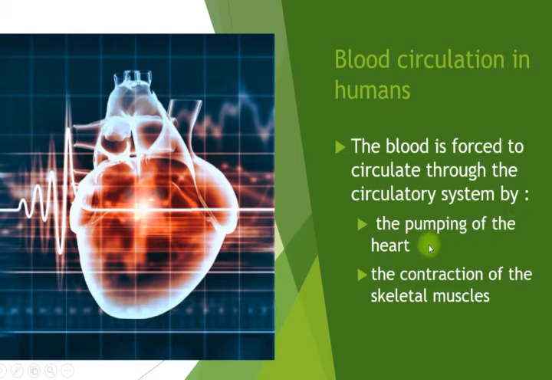The pumping of the heart will circulate the blood throughout the body. And another one is the contraction of the skeletal muscles. The contraction of the skeletal muscles also will force the blood to circulate throughout the circulatory system.